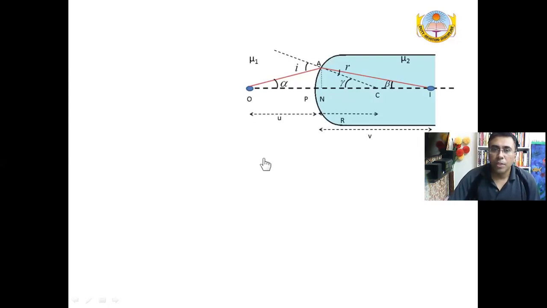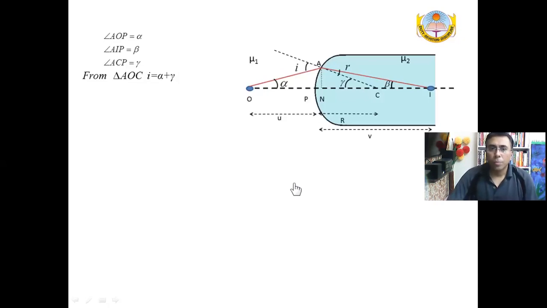Now let's begin with the mathematical part. As we have already discussed, angle AOP is alpha, angle AIP is beta, and angle ACP is gamma. Consider triangle AOC.